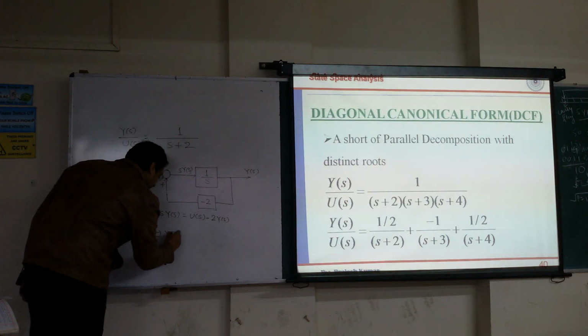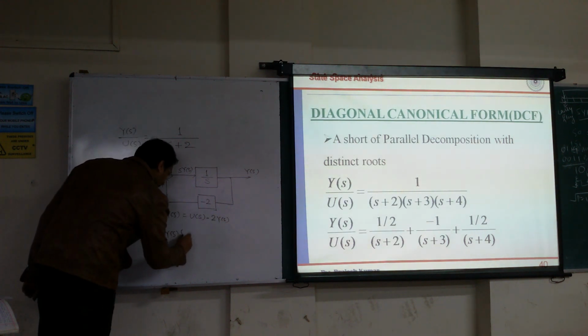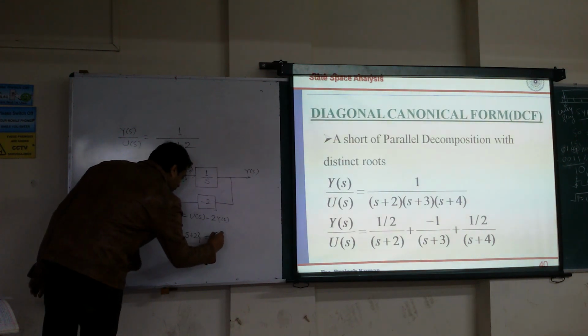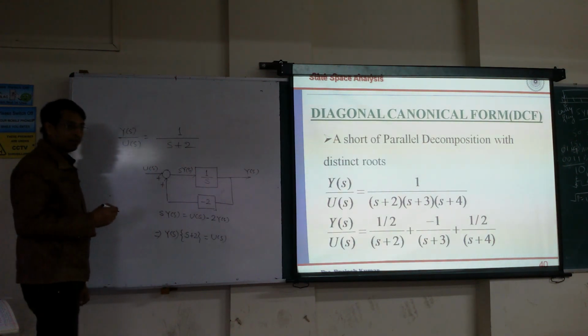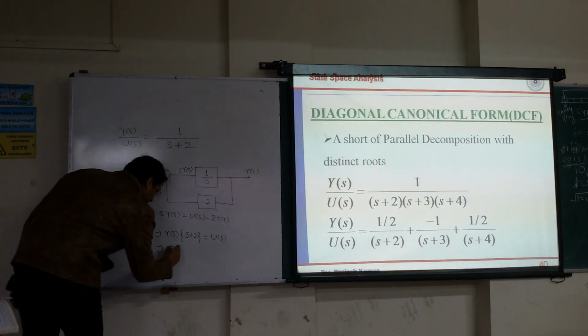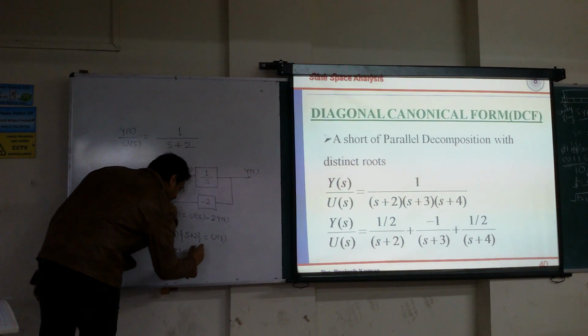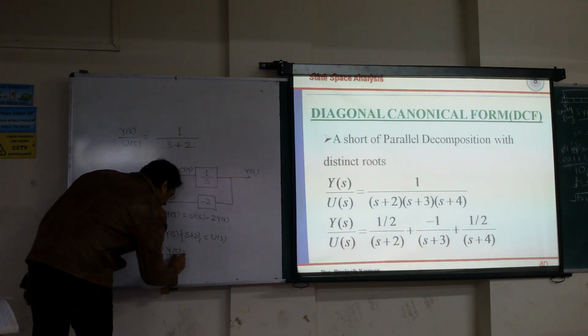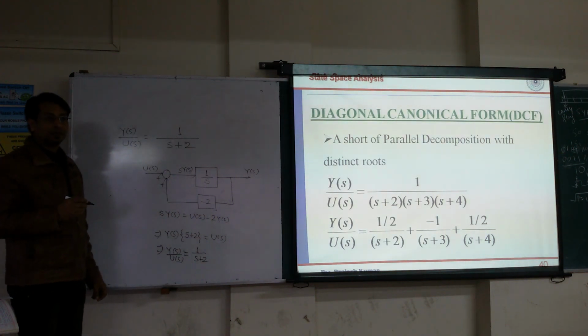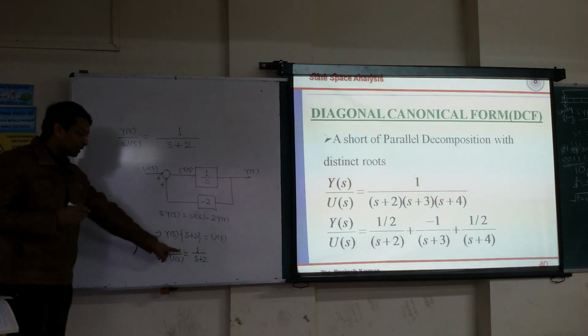So Y(s) multiplied by (s plus 2) will be equal to U(s), or equivalently, Y(s) upon U(s), that is your transfer function of the system, will become 1 upon s plus 2, correct? 1 upon s plus 2.